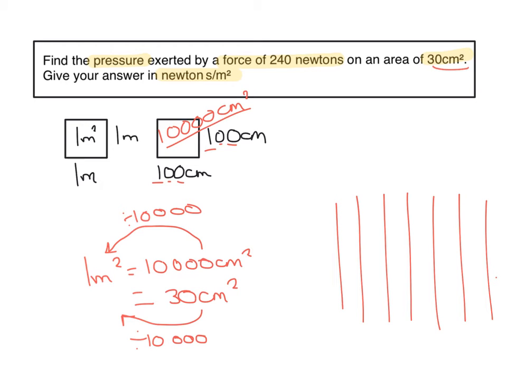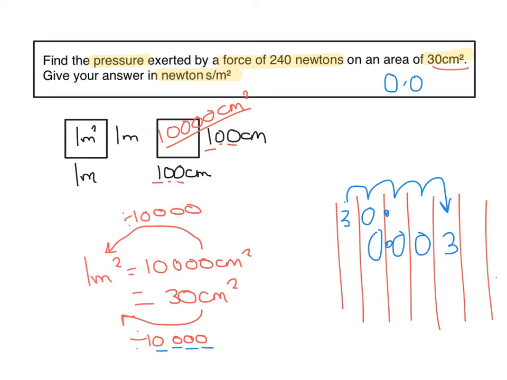We've got 30, and it needs to be divided by 10,000. That's 4 zeros, so it moves 4 spaces: 1, 2, 3, 4. So this 30 centimetres squared is actually 0.003 metres squared.